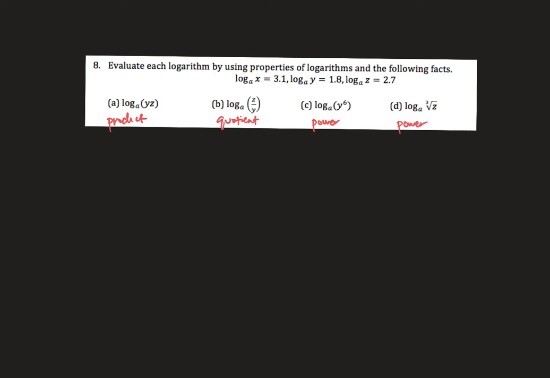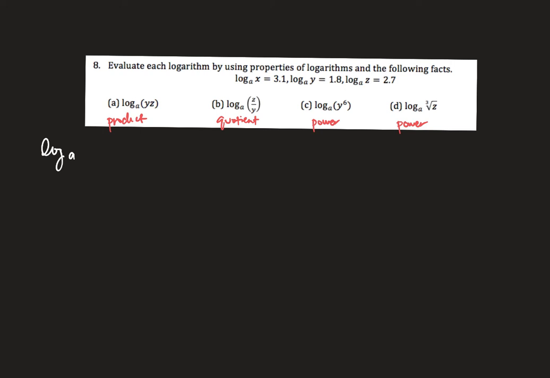So for all of these, notice that we don't know what x, y, and z are. However, we do know what log base A of x, y, and z are. So we want to separate each of these so that we just have a logarithm of any one of them. So we have log base A of yz for A. I'm going to separate it into 2 different logarithms, one of y and one of z.